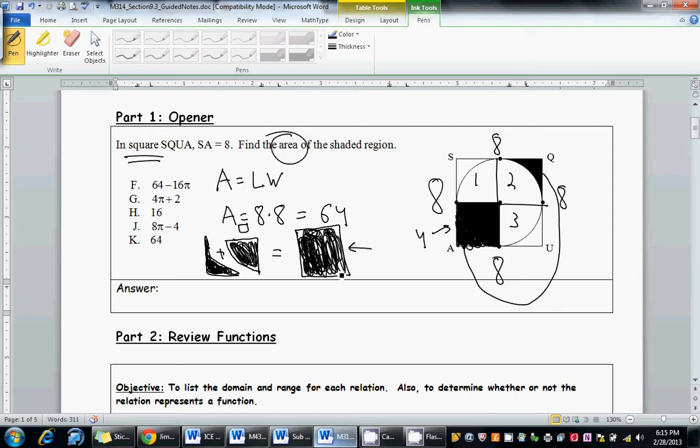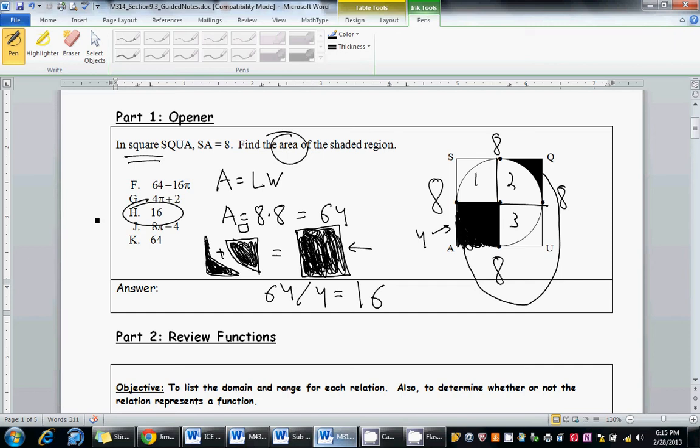So my shaded one, right, is one of 4 smaller squares that make up this larger one. Okay, so if I take the area of this entire square, divided by 4, I get 16, letter H. Okay? So interesting problem right there. I like that one. Okay, it requires a little bit of creativity.